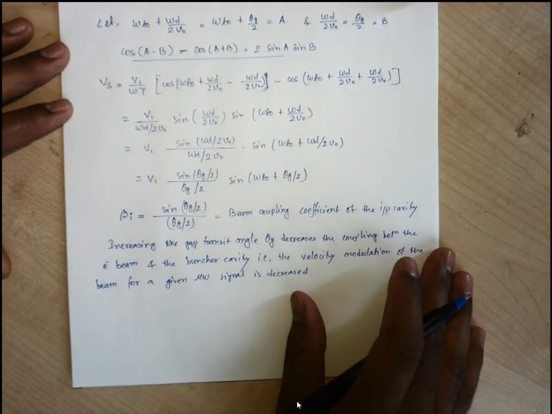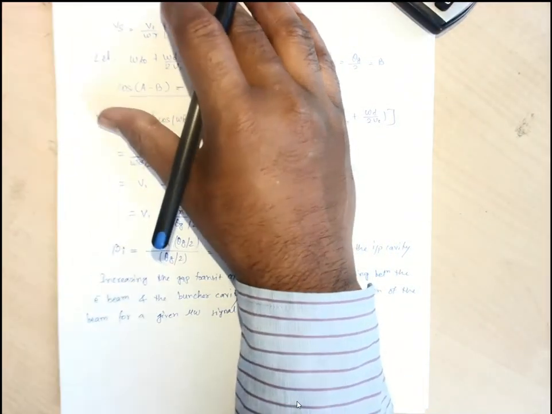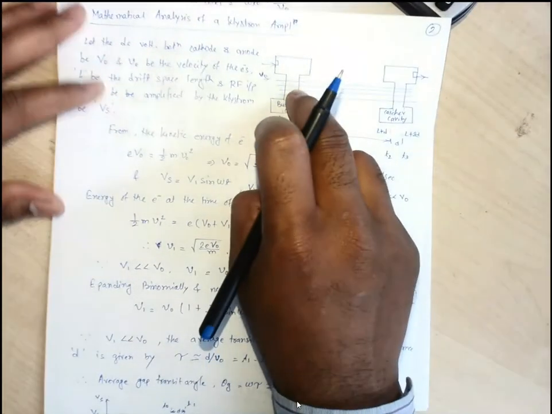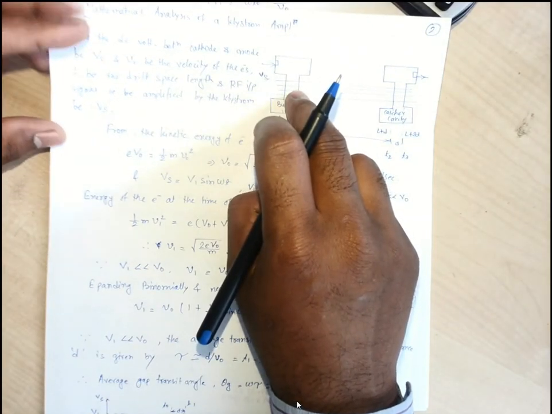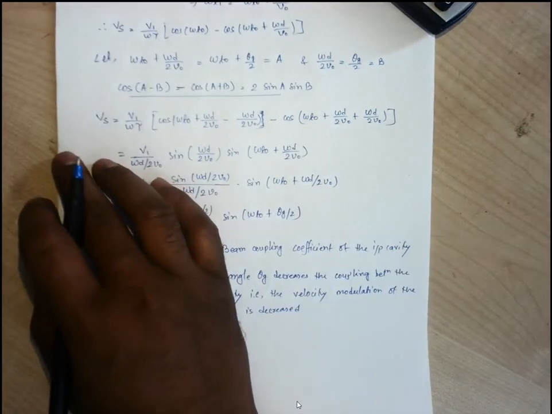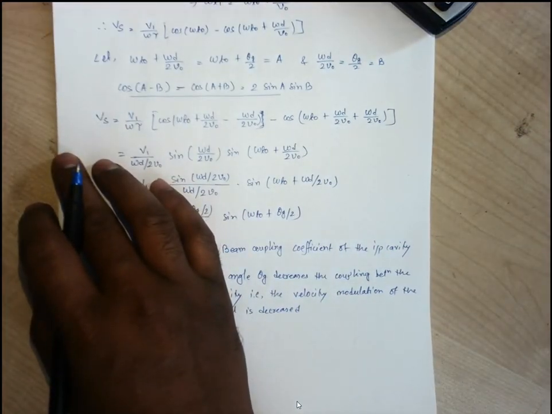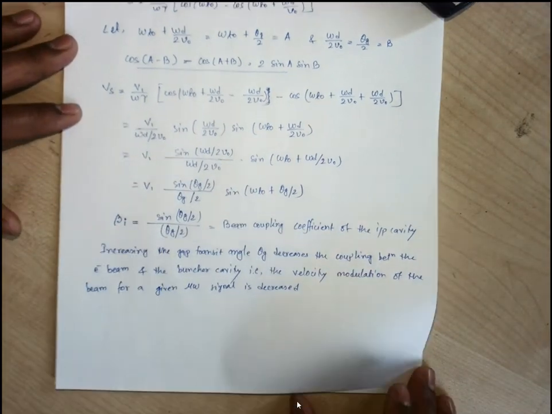Now, what is the exit velocity? When those electrons come out of this buncher gap, what will be the exit velocity? That can also be found, right? So that is the Vs, the average voltage maintained within that transit angle or within that time period.